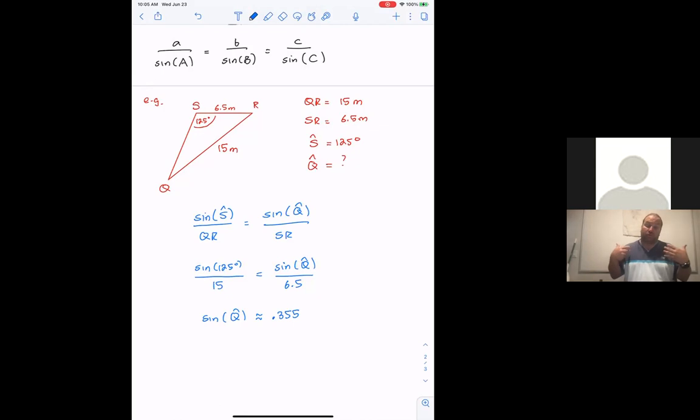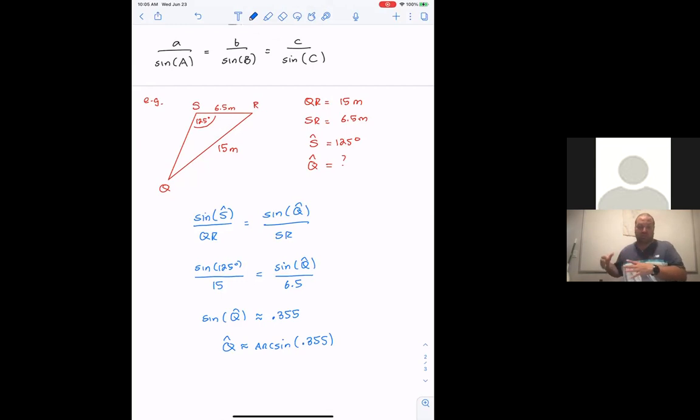Now, we know what sine of Q hat is, but the goal is to find Q hat. How do I get from knowing the sine of Q hat to knowing Q hat? So for this one, I do the arc sine. The arc sine removes the sine. It's the inverse. So arc sine and sine cancel each other.